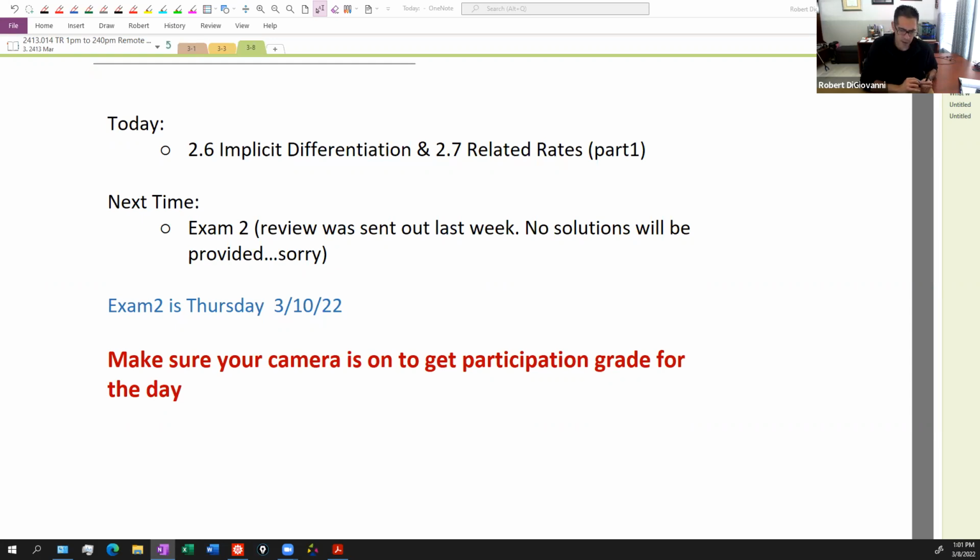I sent out the review last week. There were 2 reviews, actually 2 old tests. I had said in class I'm not intending on providing the solutions to those reviews, but if you had questions over anything, you could ask me. You can come to my office hours or text me or call me, and we can set up a Zoom meeting if you'd like to discuss something.